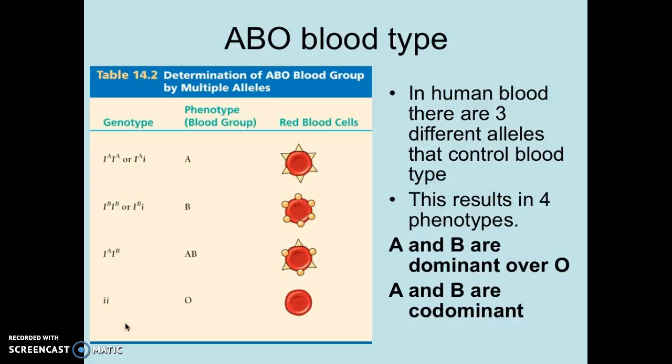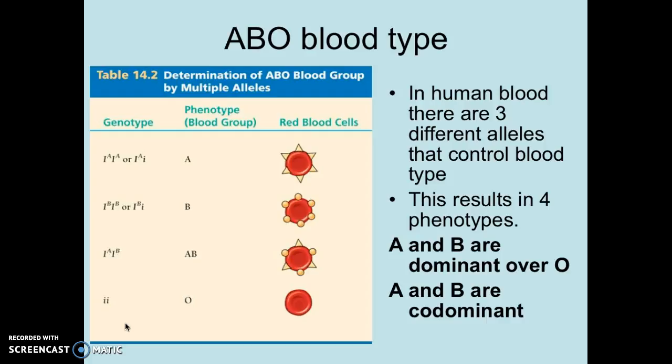Notice on the right-hand side of this table that the red blood cells have different kinds of patterns to them. This alludes to the fact that our red blood cells have different types of antigens on them. Antigens are these little carbohydrates that we talked about on our cell membranes, and they act as little flags or receptor sites.